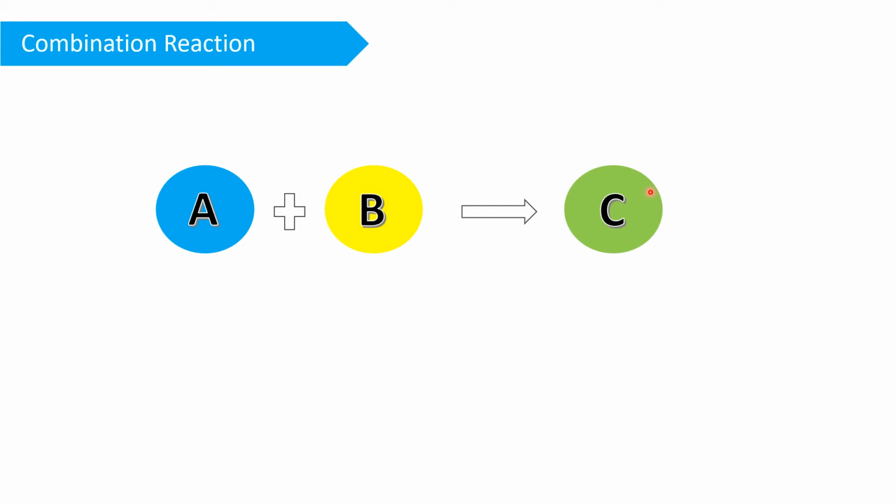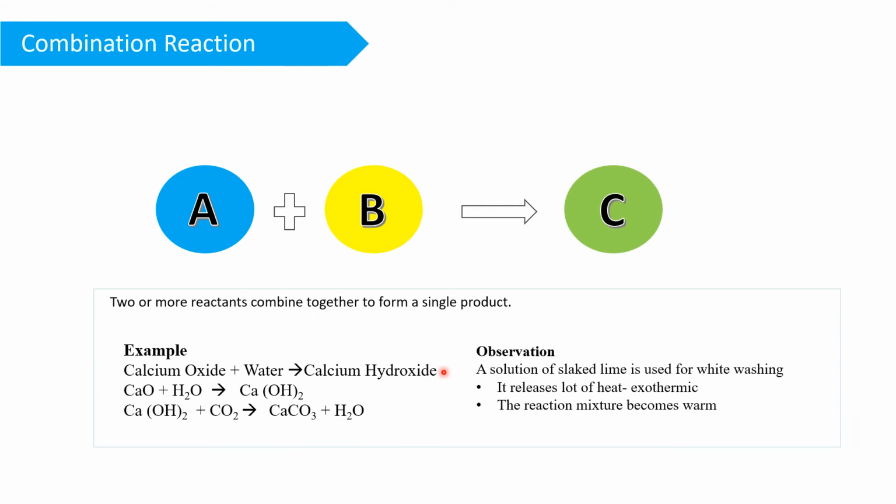Now we are going to see the activity given in the book. In a beaker, we are going to take calcium oxide. What is the common name for calcium oxide? It is quicklime. What is the formula for calcium oxide? CaO. To calcium oxide, you are going to add water. What observations will you make when you add water to calcium oxide?